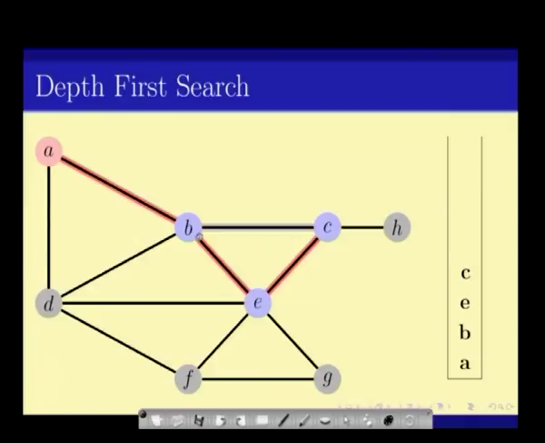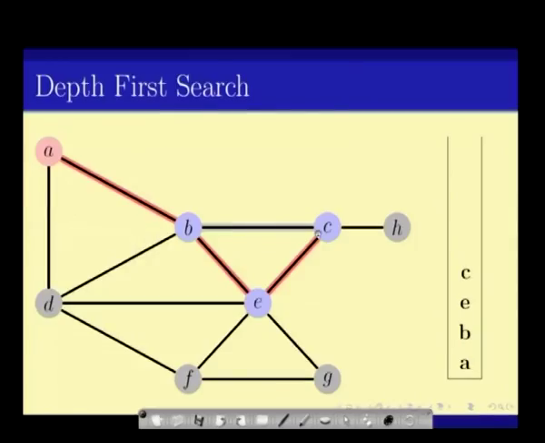Sadly, B has already been touched, therefore B has been colored blue. So, if B has been colored blue, I would not take this edge; I will color it a different color, the reject color, and leave it like that. The idea is that we are trying to generate a spanning tree of this graph. A spanning tree cannot have a cycle, because a tree cannot have a cycle.